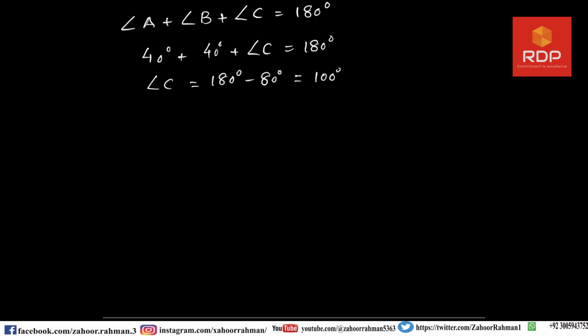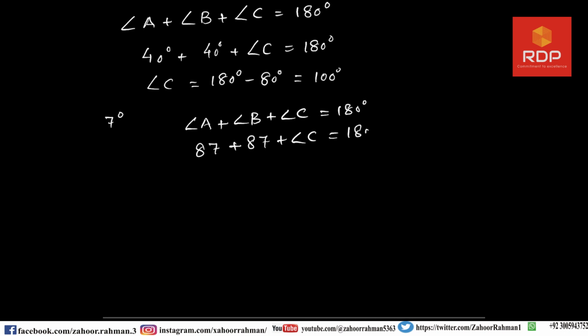In part B they gave us 87 degree. So angle A plus angle B plus angle C is equal to 180 degree, and 87 plus 87 plus angle C is equal to 180 degree.